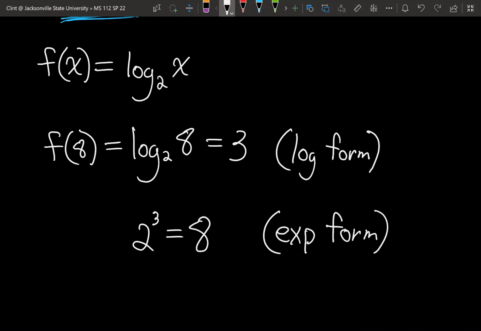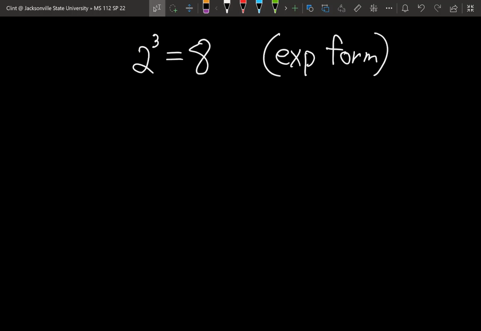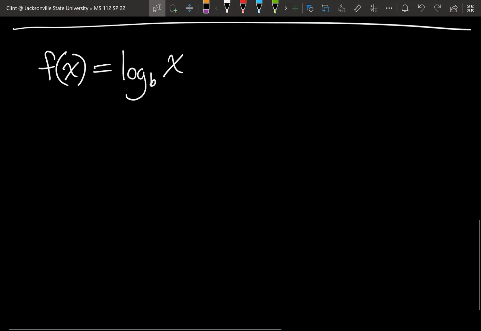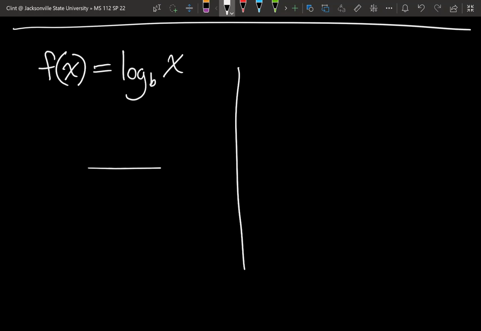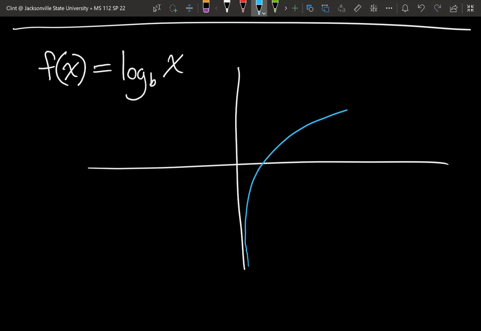So before we do that, we talked about the graphs of exponential functions last time, so let's talk about the graph of a logarithm. Our logarithm graph is going to look like this.